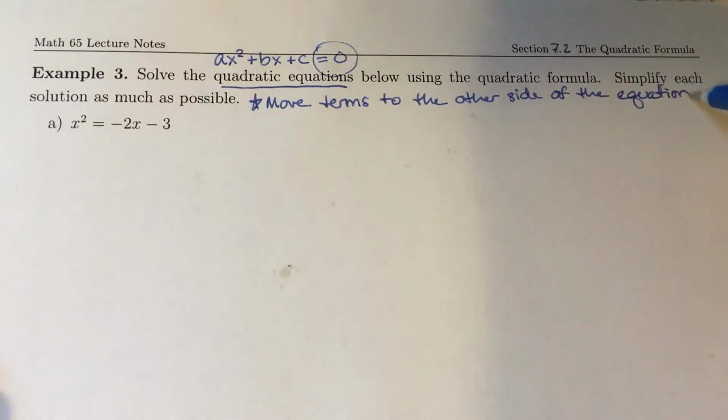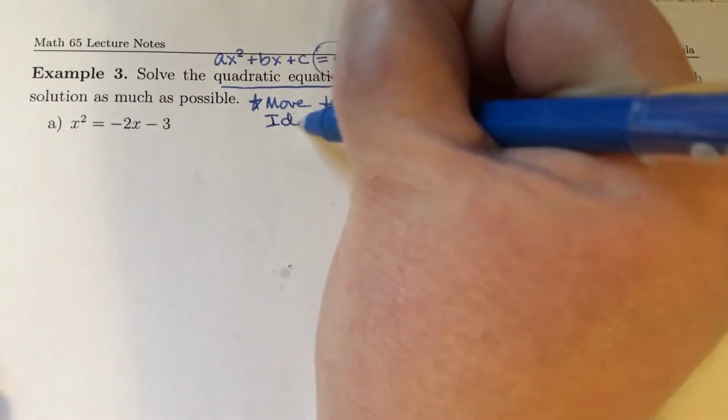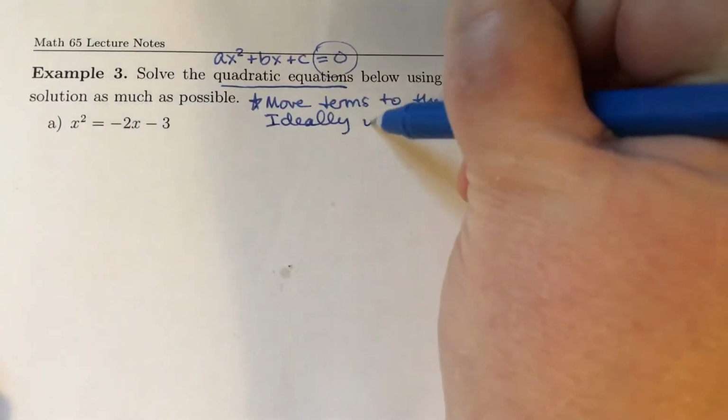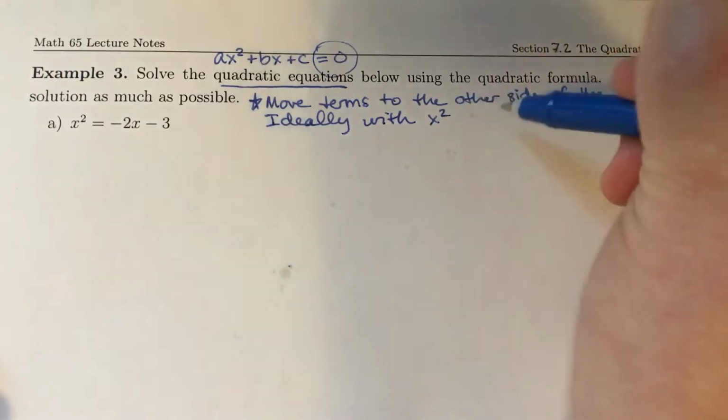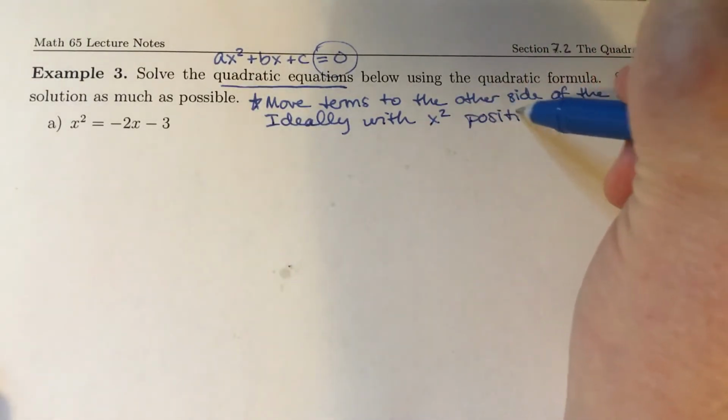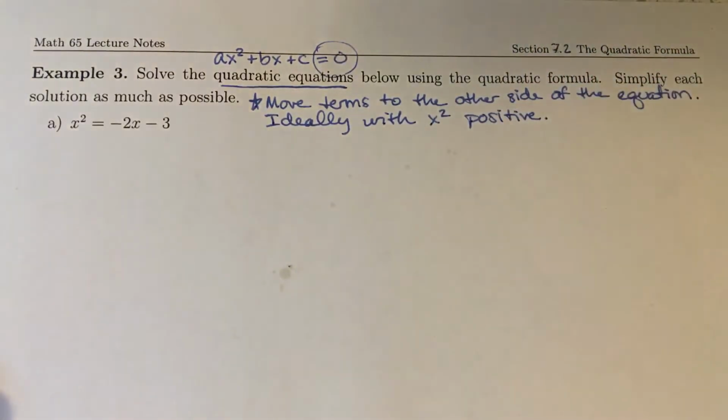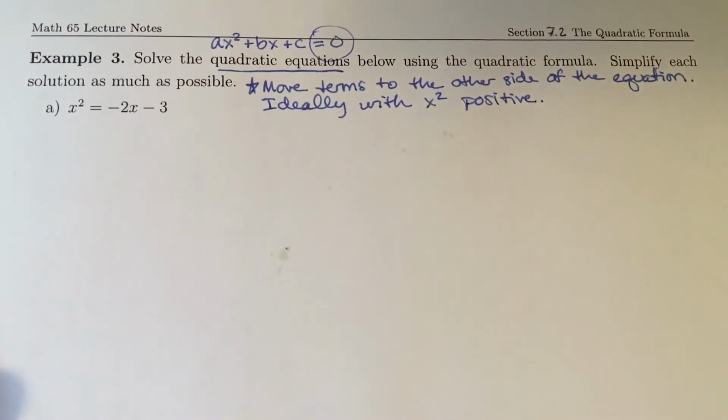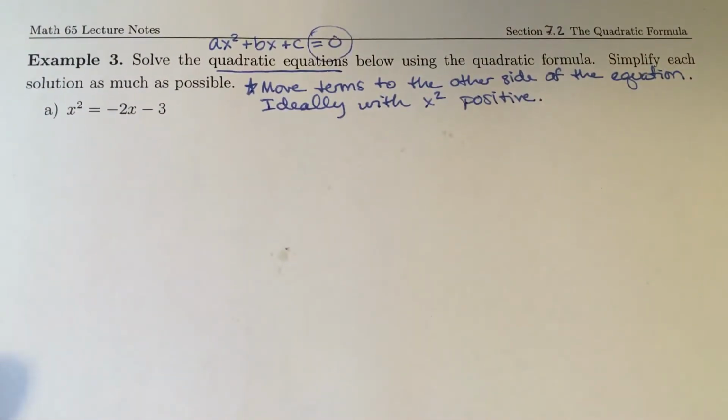And ideally, we want x squared to be positive. It still works when x squared is negative. This is more just my personal preference, and seeing that it is sometimes easier, there's less negatives to deal with if we keep x squared positive.